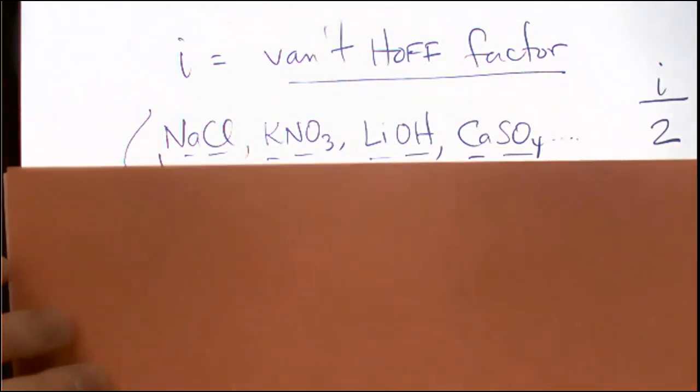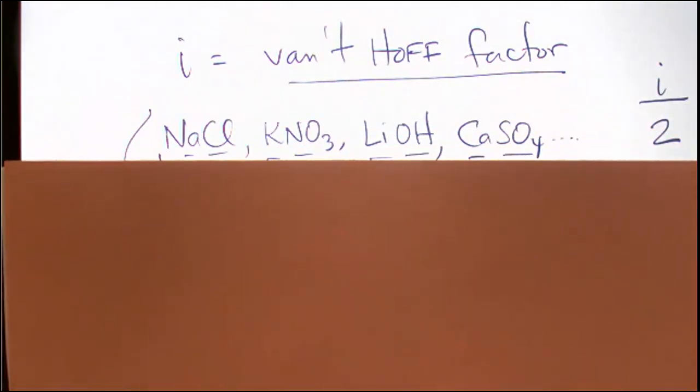For example, these salts: sodium chloride, potassium nitrate, lithium hydroxide, calcium sulfate. If you were to dissolve 1 mole of any of those 4 salts, you'd get 2 moles of particles. In the case of sodium chloride, you'd get 1 mole of sodium and 1 mole of chloride. So you'd get 2 moles of particles.